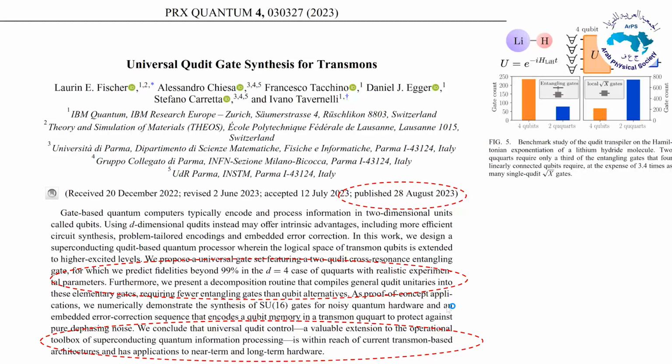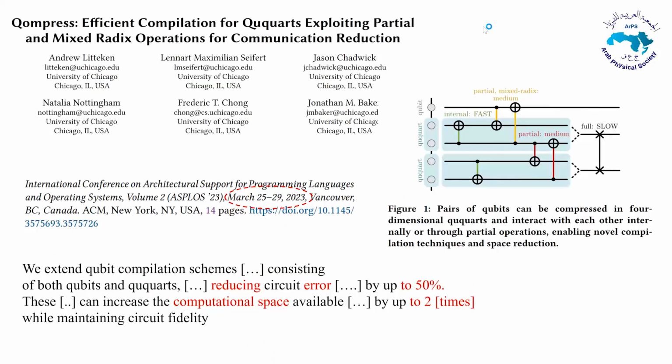And again, there was a conference recently in March 2023, the International Conference on Architectural Support for Programming Languages and Operating Systems. You see that is a little bit of a different field. People are concentrated on software and so on, and we see that people working on qubits are also working on programming languages.